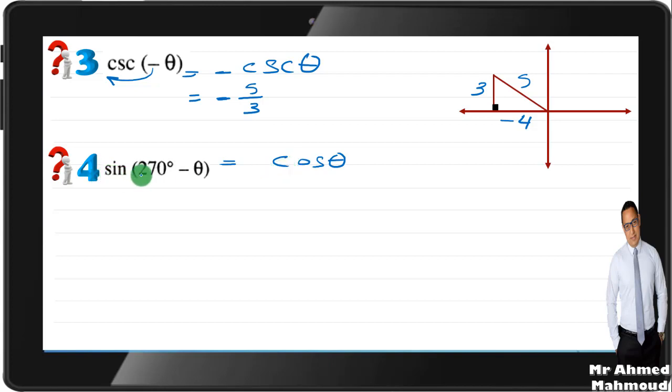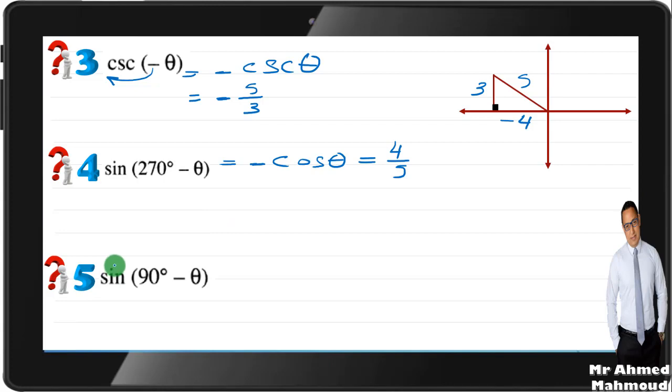Sine in the third quad is negative, so here this is negative. Cosine theta equals negative 4 over 5, so negative cosine theta, negative 4 over 5, equals positive 4 over 5. Again, negative 4 over 5 equals positive 4 over 5.